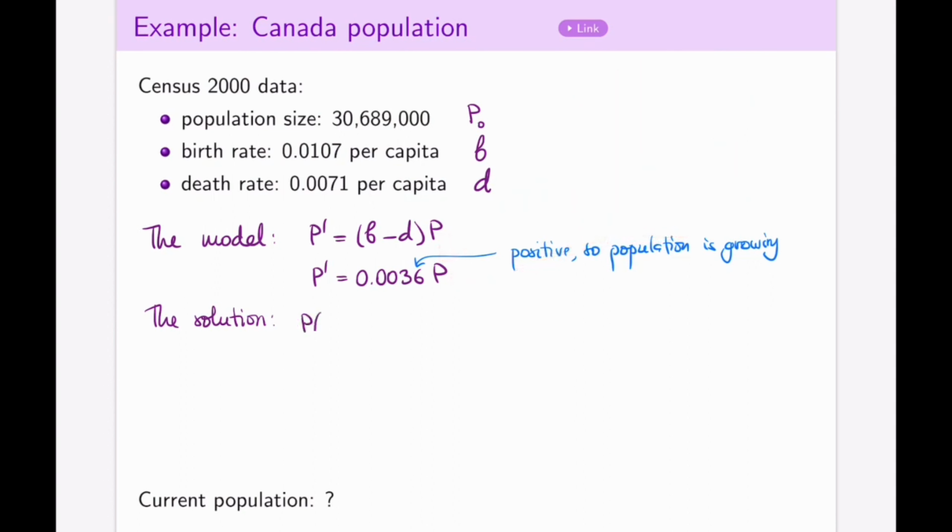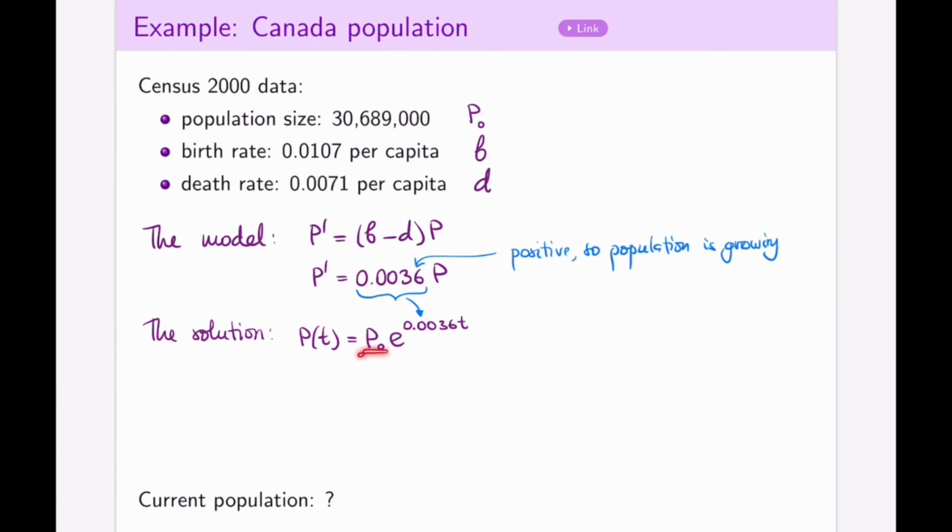So the population size is equal to P naught e to the power of the constant, so 0.0036 times t. Notice that this constant of mine has now traveled into the exponent as k did on the previous slide from that equation.